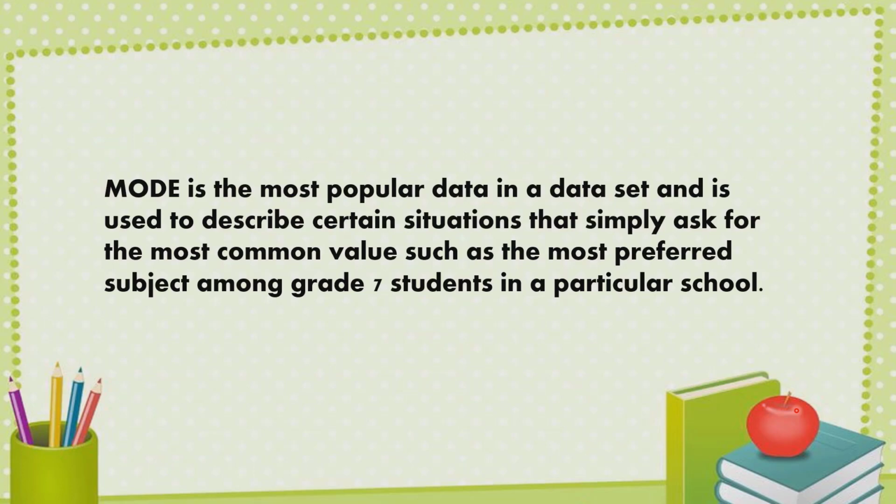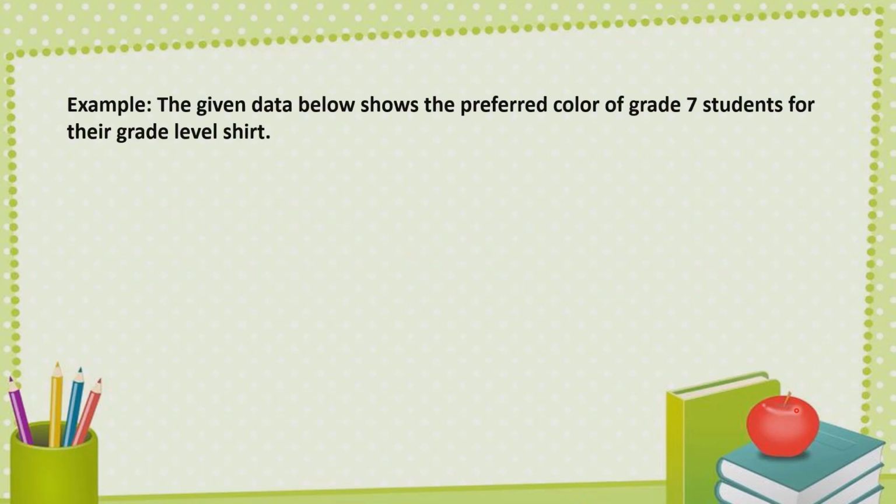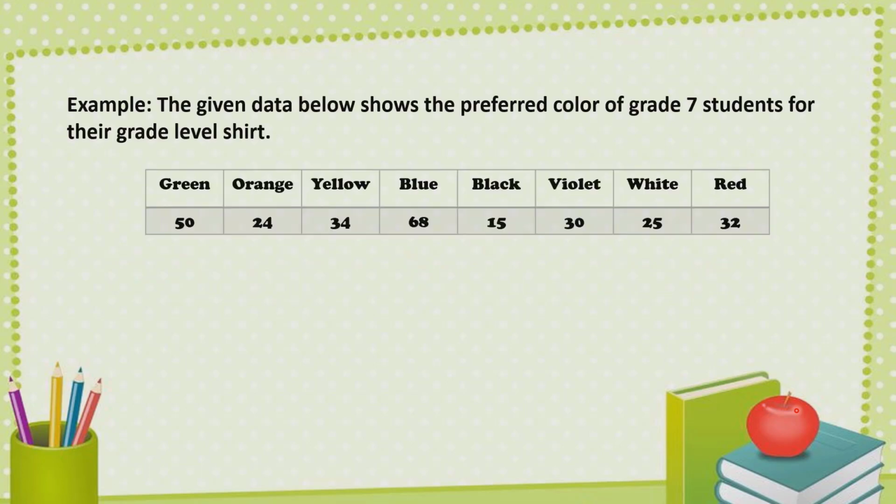Mode is the most popular data in a data set and is used to describe certain situations that simply ask for the most common value, such as the most preferred subject among grade 7 students in a particular school. For example, the given data below shows the preferred color of grade 7 students for their grade level shirt.